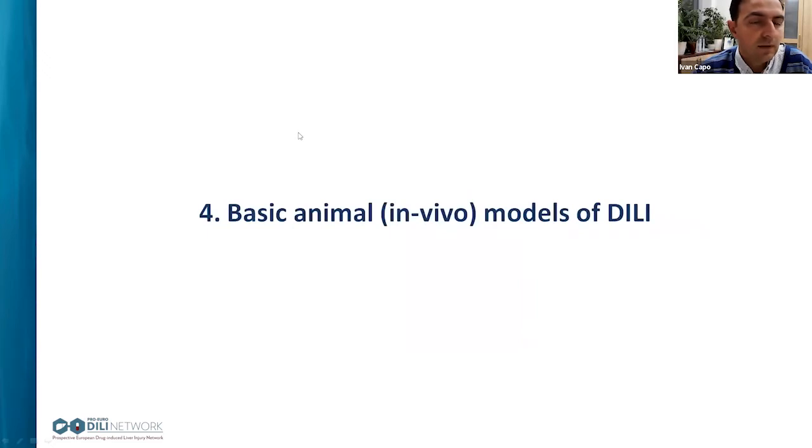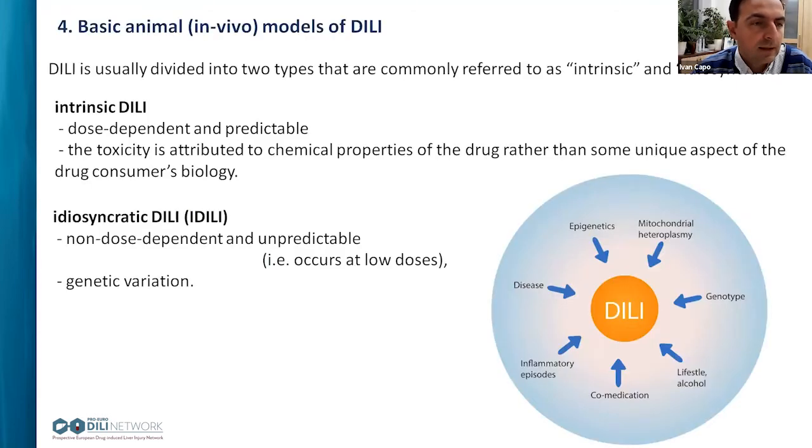So I will just make a very short introduction about the basic animal models which we use in my laboratory. First of all, the DILI animal model can also be separated into intrinsic and idiosyncratic DILI.